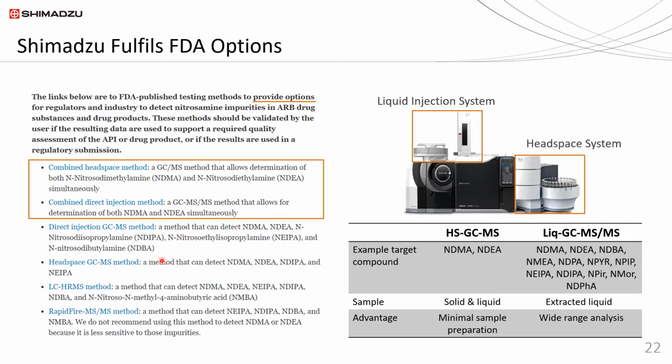Amongst these, liquid injection and headspace methods on GCMS can be used. Shimadzu GCMS can perfectly cater to both types of analysis. We have liquid injection and headspace system in one entire system, and we have solutions to cater to this analysis of nitrosamine.